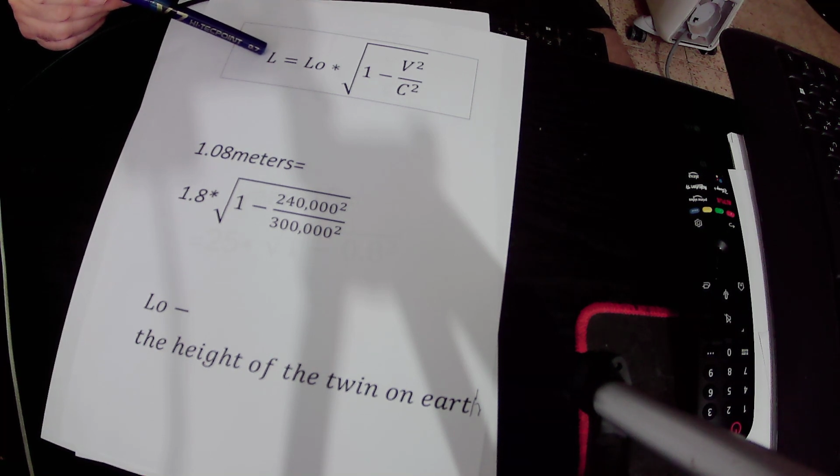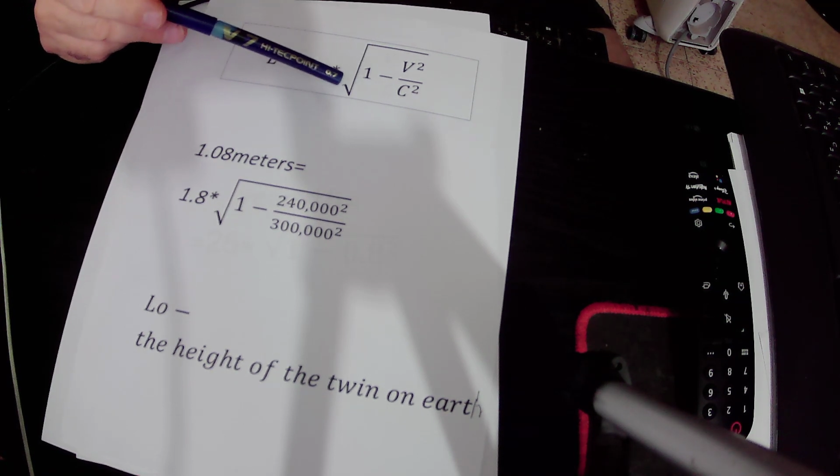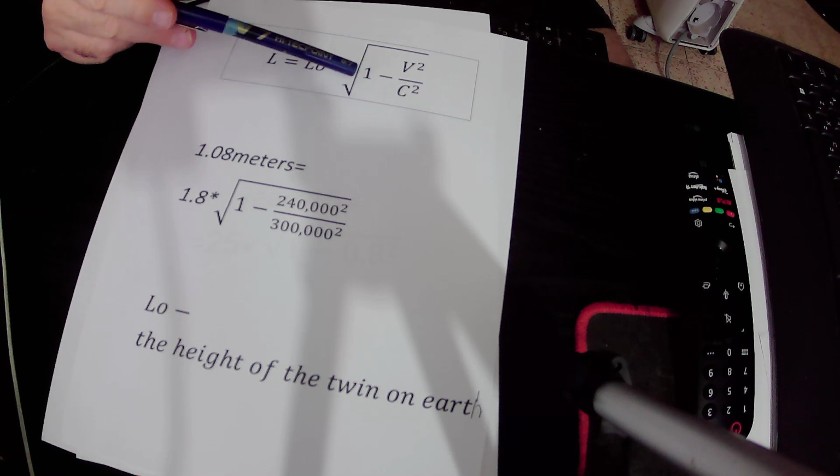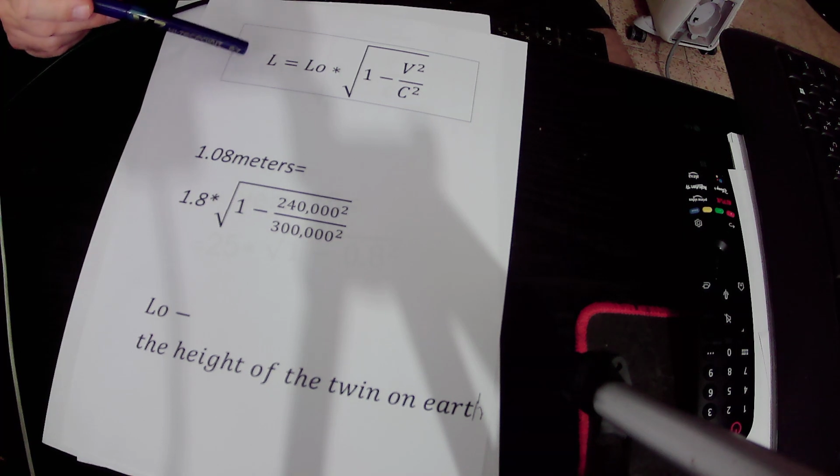Actually, in our example it is 1.08 meters, and L naught is the height of the twin on Earth, that is 1.8 meters, and we multiply L naught by the root of 1 minus v squared divided by c squared, and the result is 1.08 meters.